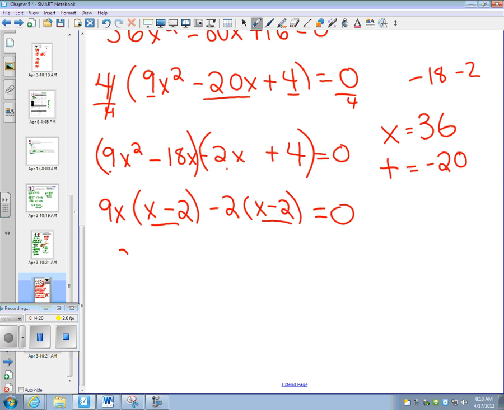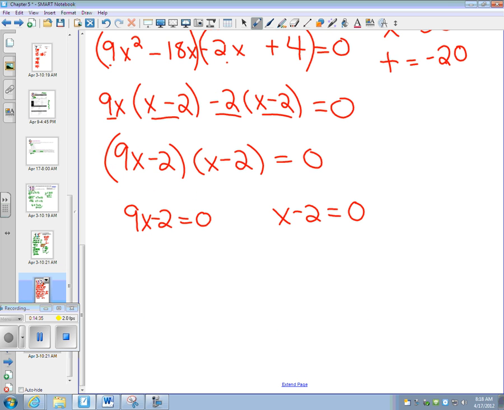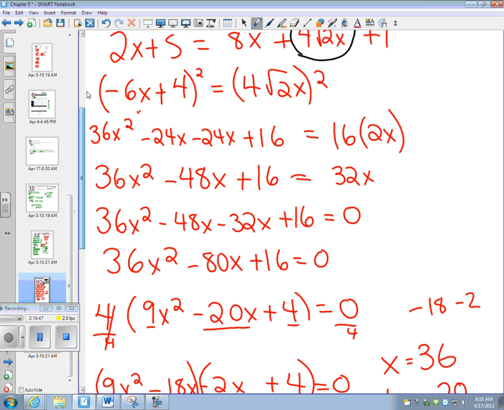So then I get 9x minus 2, right? Just these two terms. And then I get x minus 2 is equal to 0. I set both factors to be 0. In this case, I get 9x equals 2, x equals 2/9, and here I get x equals 2. Okay, so I have two possible solutions to this equation.